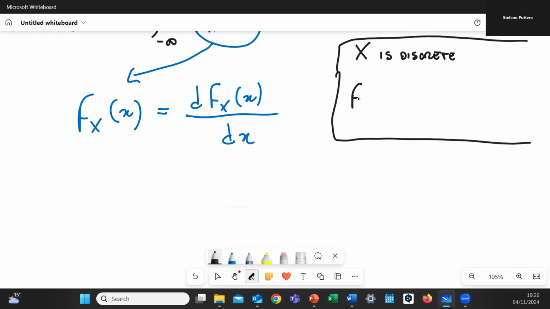And the probability mass function is f_X of x, which is the probability that X is equal to lowercase x. So we have both solutions on this whiteboard.